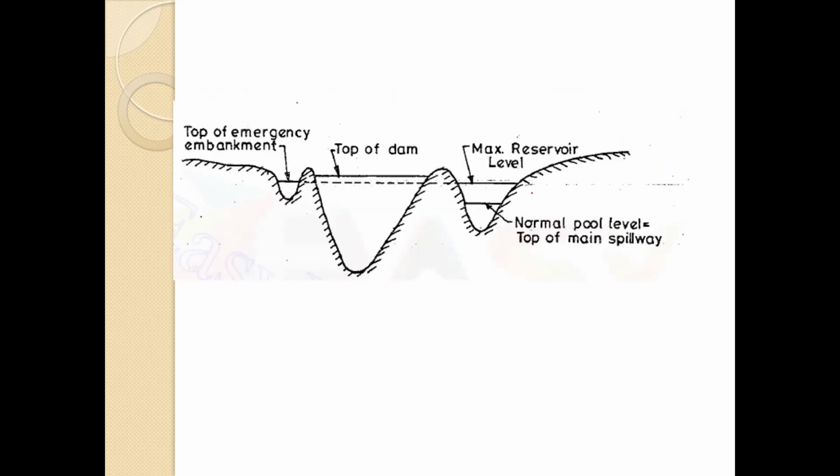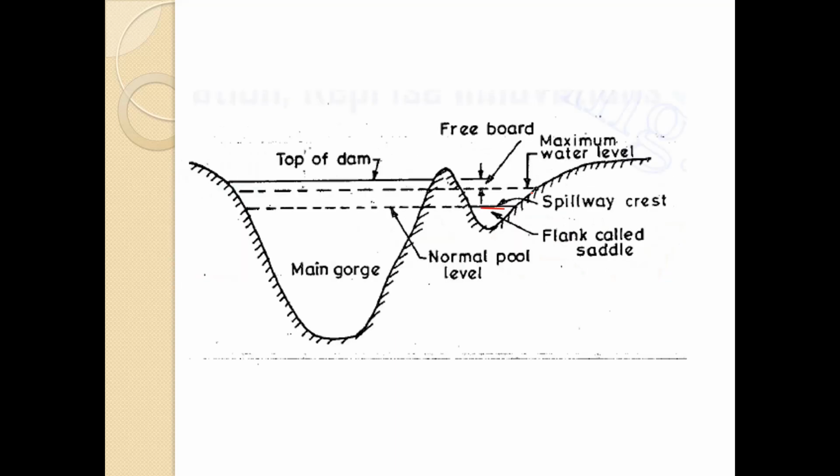Now, under such circumstances, a concrete or earthen dam can be constructed across the main valley like this, and a spillway can be constructed independently in the saddle like this. Sometimes a concrete or masonry dam along with the spillway can be constructed in the main valley, while the flank or flanks are closed by earthen dikes or embankments.